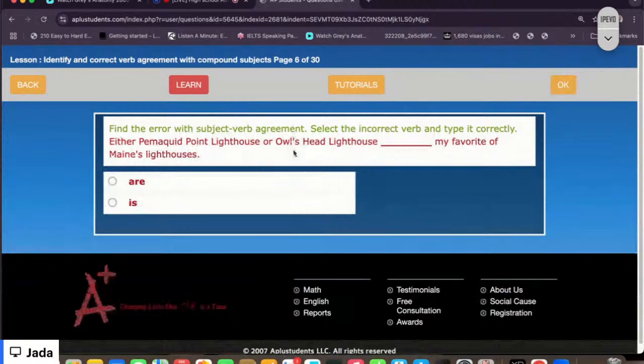So either Pemaquid Point's lighthouse or Owl's Head lighthouse dash my favorite of Maine's lighthouses. So what do you think is the right verb over here? Are or is?